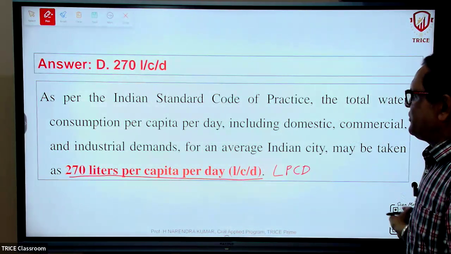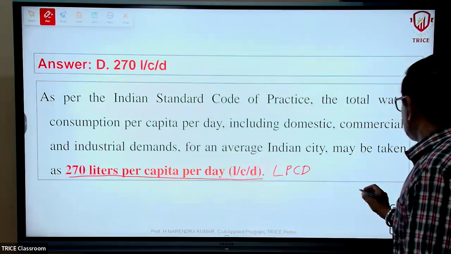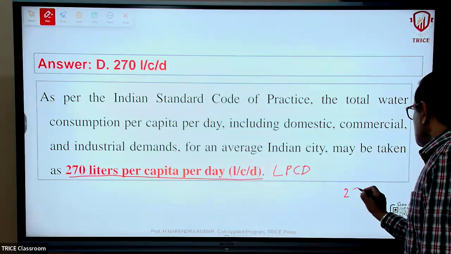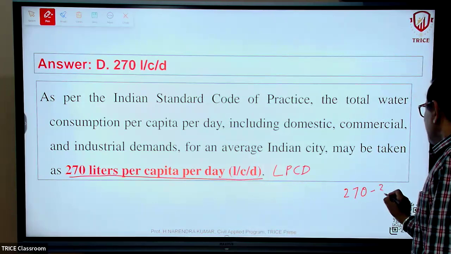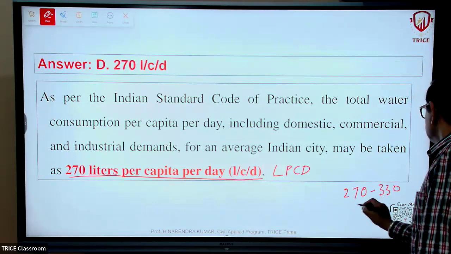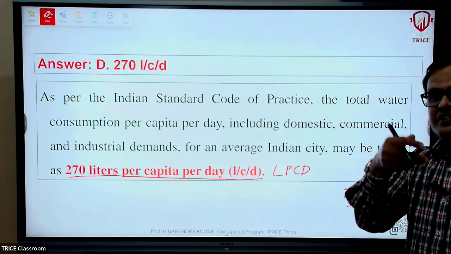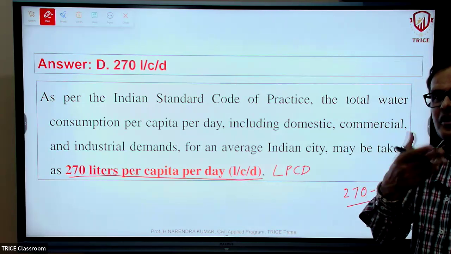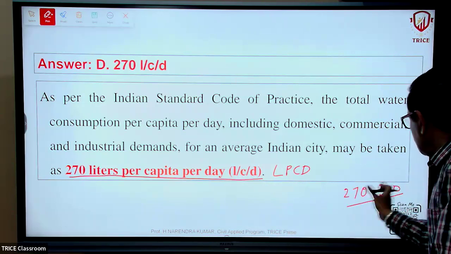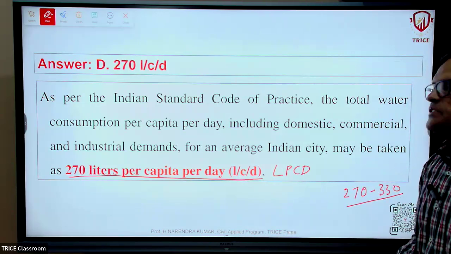It includes everything. Once again, it varies from 270 to 330. Why that 330? Just now I mentioned the flushing system. If all the commodes are provided with a flushing system, there will be an increase of 60 liters.